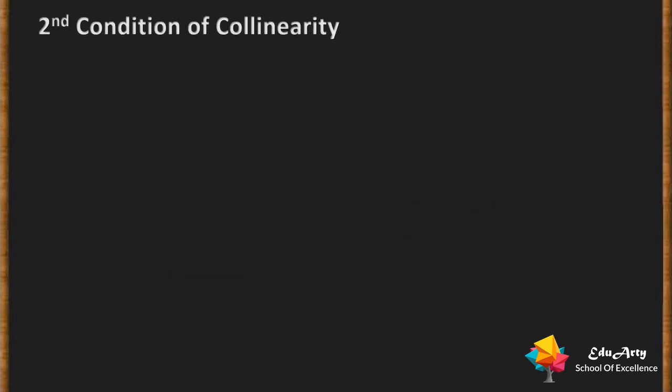Okay, let us see what is the second condition of collinearity then. For the second condition of collinearity also, we will use the first condition that we proved, and then we will prove our second condition of collinearity, correct?